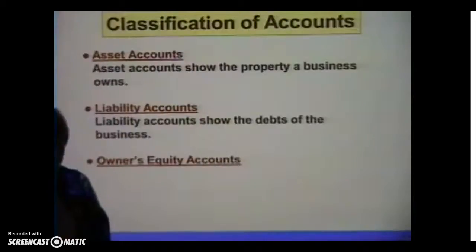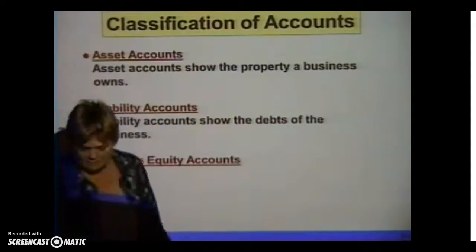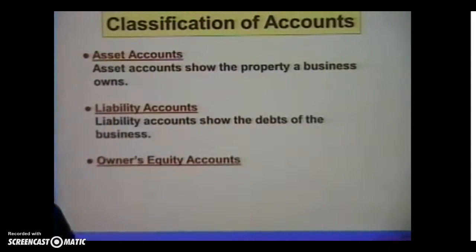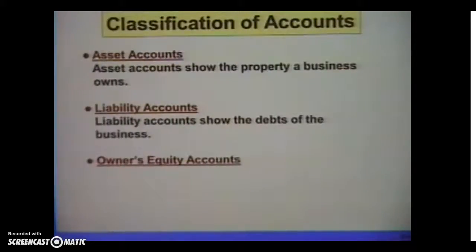Then our owner's equity. What does that indicate? What does the owner's equity account show us? How much he's got left, right? His net worth. The liabilities include what somebody else still owns of your property, right?